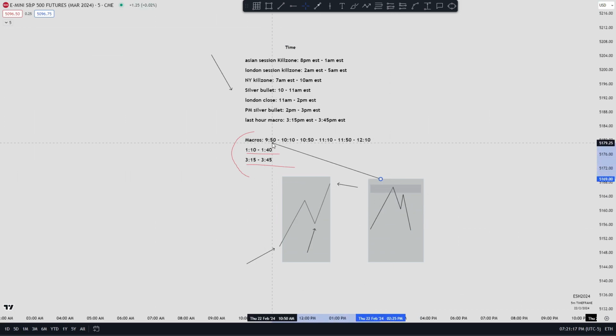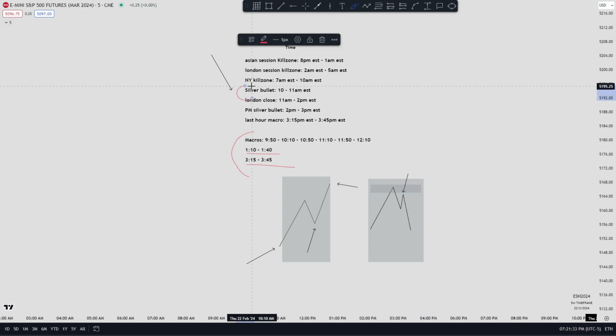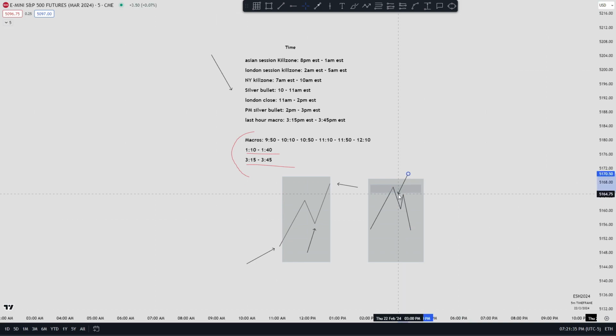That would be the rush hour, that 9:50 to 10:10. It comes up, finds resistance, and then breaks lower. And then during that 10 to 11 o'clock, that would be your opportunity to look for a silver bullet, and you would catch the pullback for a drop lower.